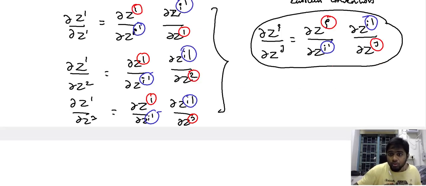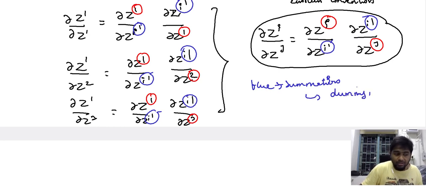Now, owing to the different nature of these indices, the indices in the blue, the ones that indicate summation, are referred to as dummy indices because the only role that they play, the only representation that they make, is the summation.